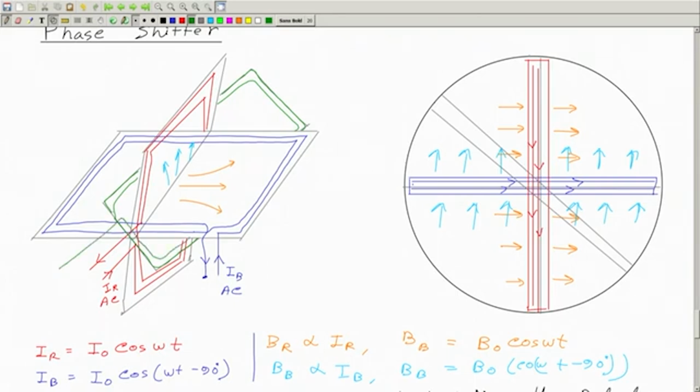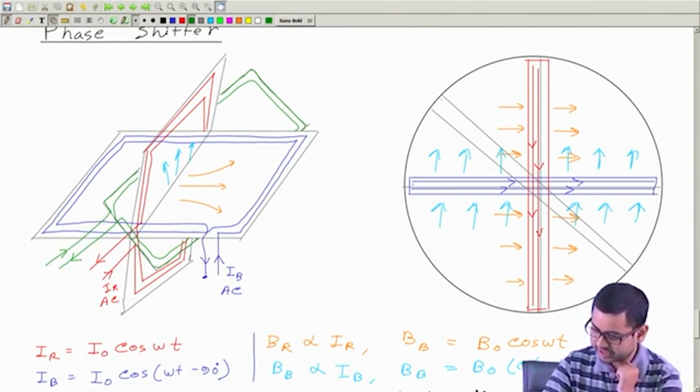And this is the out and in of this coil. So the coil is here. From the front view, the coil is here.